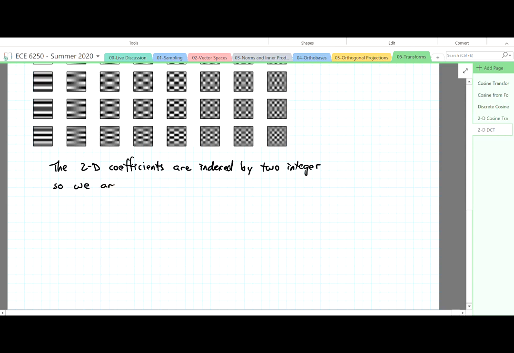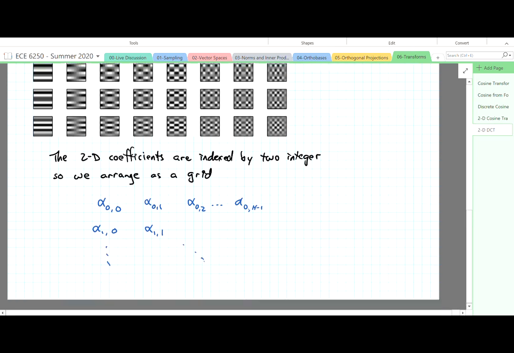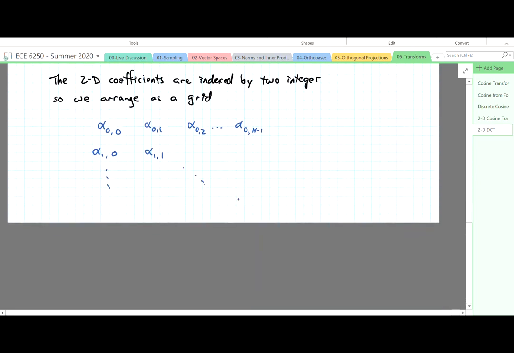So we arrange them in a grid, something like this. Alpha 0,0, alpha 0,1, alpha 0,2, and so forth. Alpha 0,n minus 1, alpha 1,0, and so on and so forth. So at the bottom we have alpha n minus 1, n minus 1.